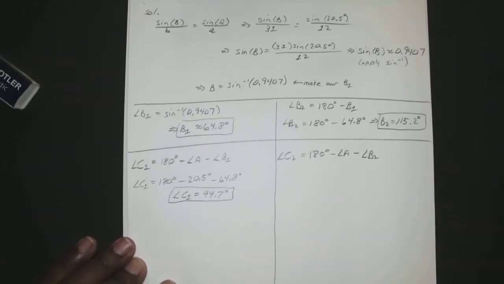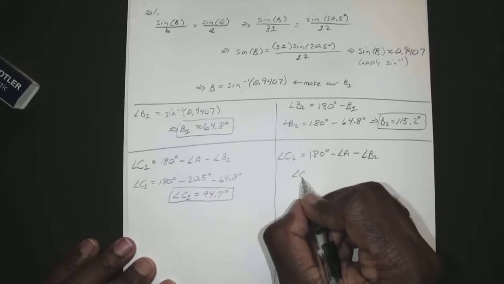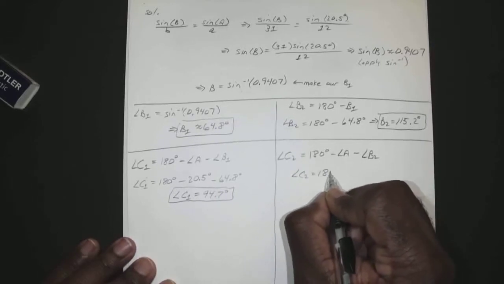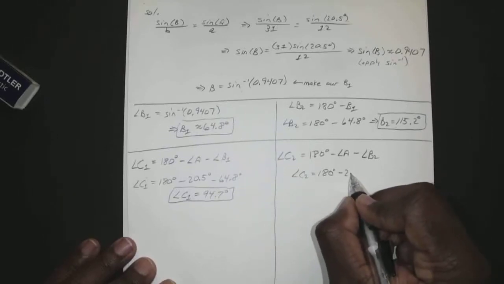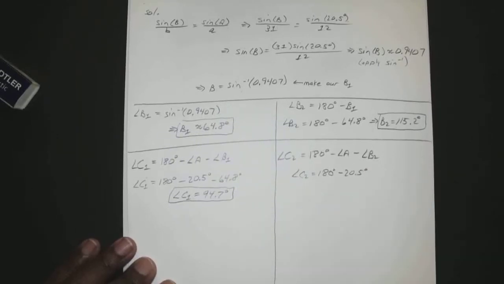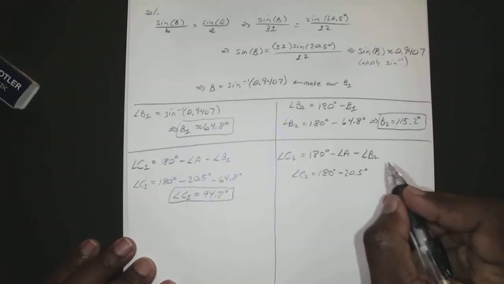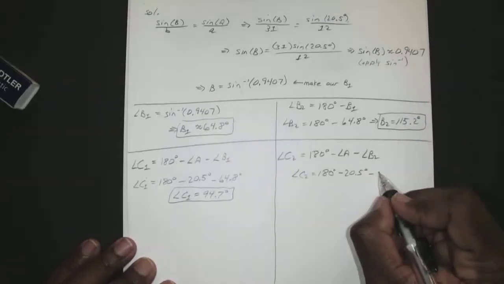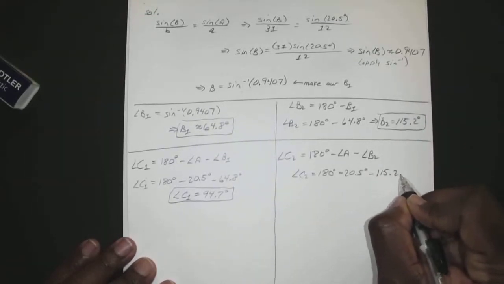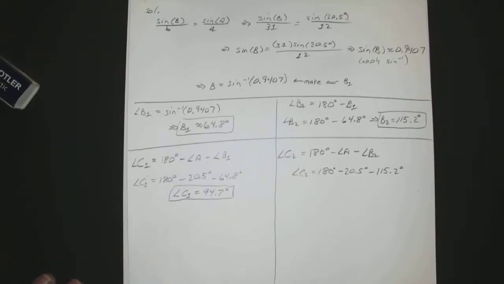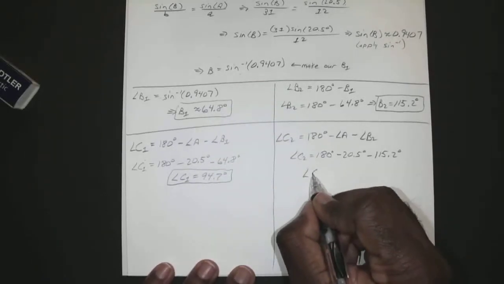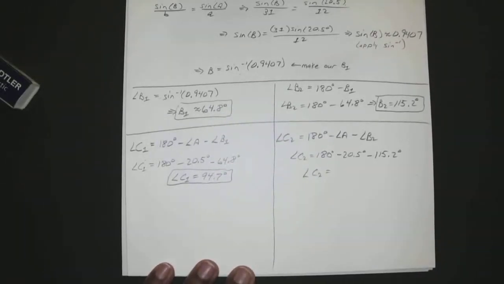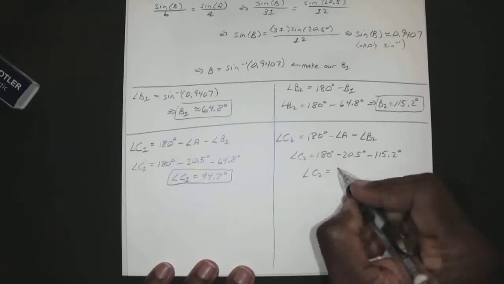And your angle C2 is going to be 180 degrees minus angle A, which is still 20.5. Remember, that one doesn't change. Minus your angle B2, which is 115.2 degrees. So your angle C2 is going to equal 44.3 degrees.